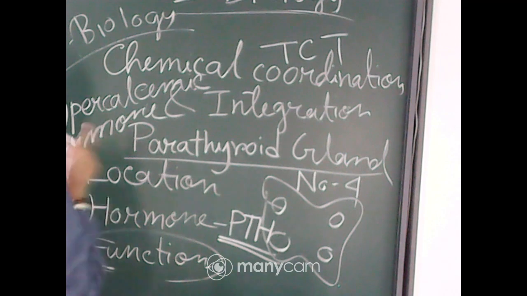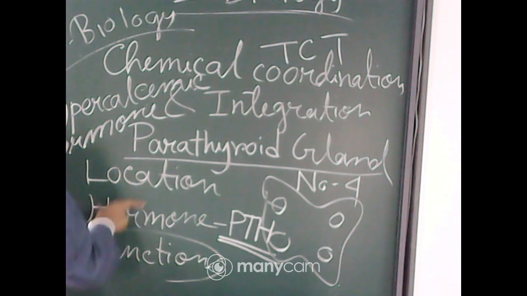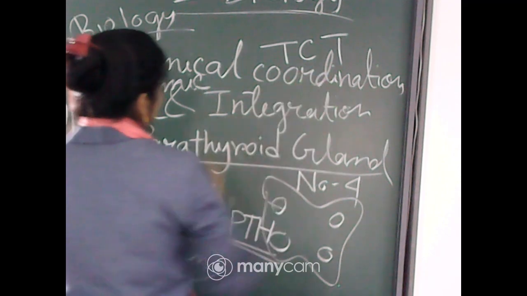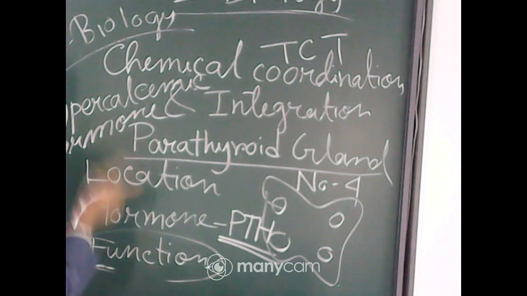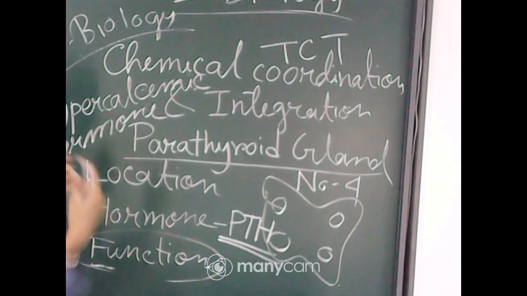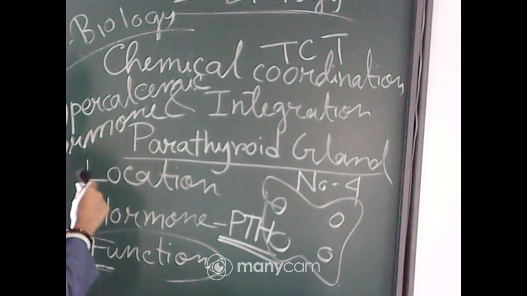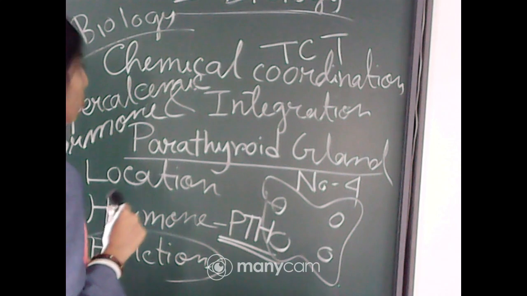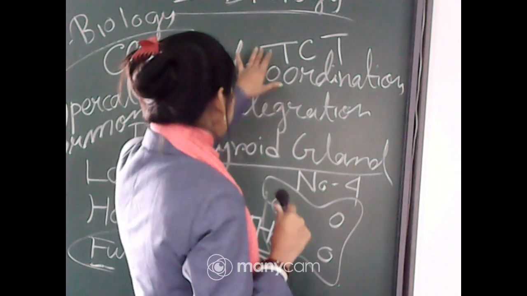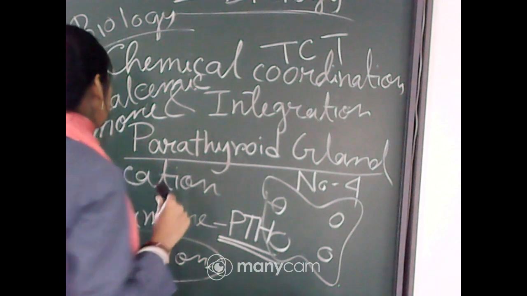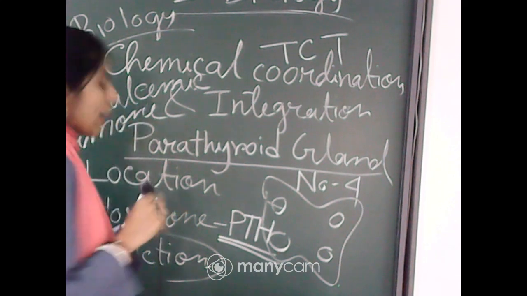So we can see that PTH, parathyroid hormone, and TCT, thyrocalcitonin, both have a role in the regulation of the calcium level. One will increase and the other will help to maintain the balance. So PTH and TCT together function to maintain the calcium level.